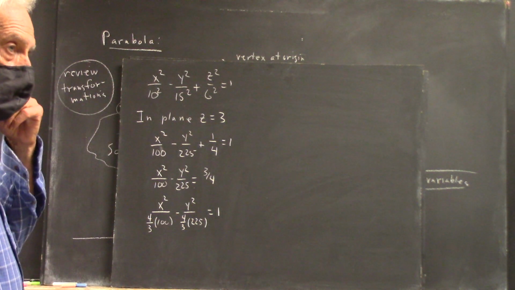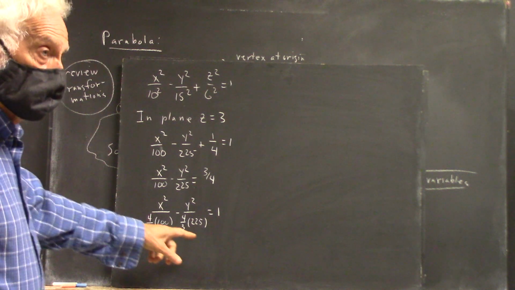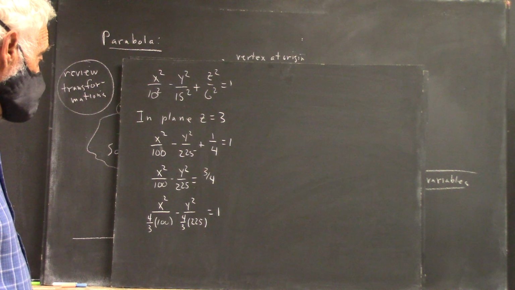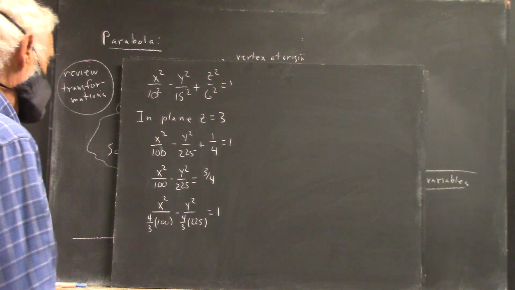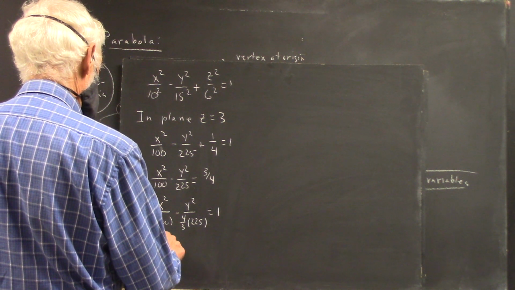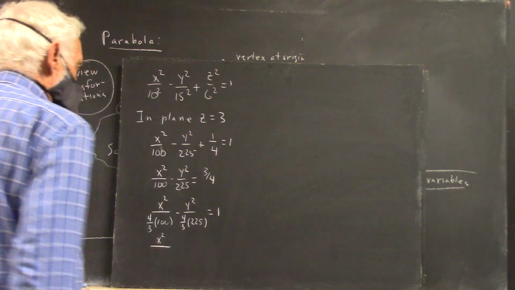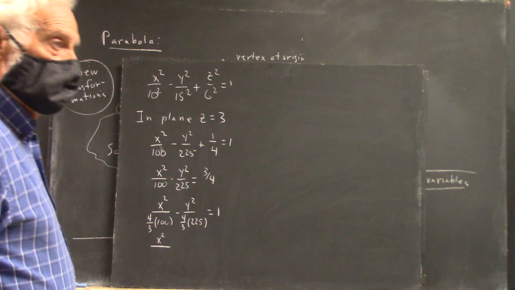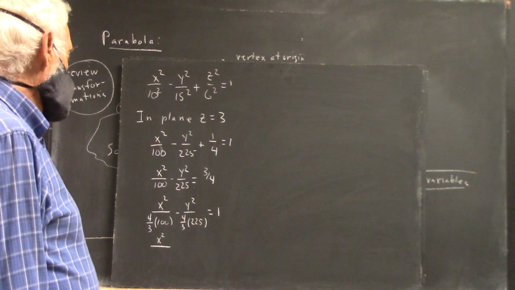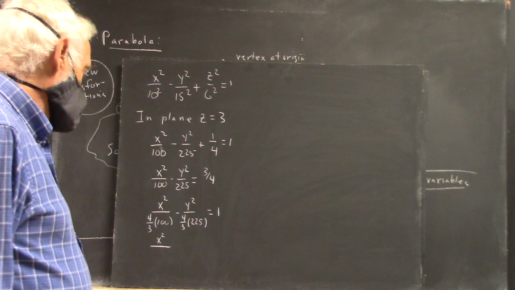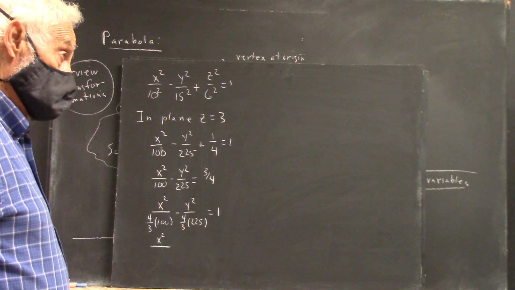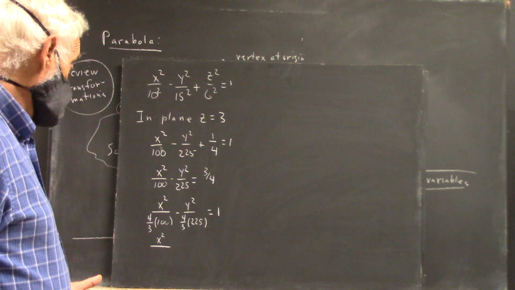Put this in standard form, you have this. Well, 4/3 of 100 is 133.3, repeating, right? Maybe better, the square root of 4/3 is 2 over the square root of 3. 2 over the square root of 3 is 1.732, but I don't need that many significant figures.